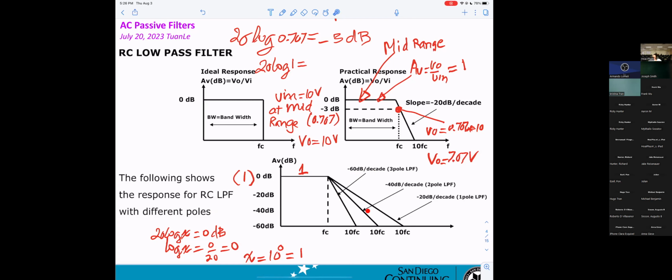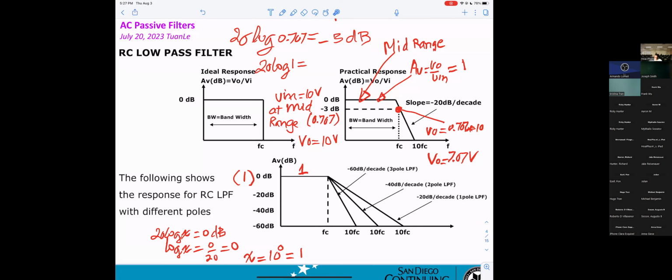The second one is minus 40 dB per decade, 2 pole. And the last one is minus 20 dB per decade, 1 pole. So when you look at the output, you can see which one is better.